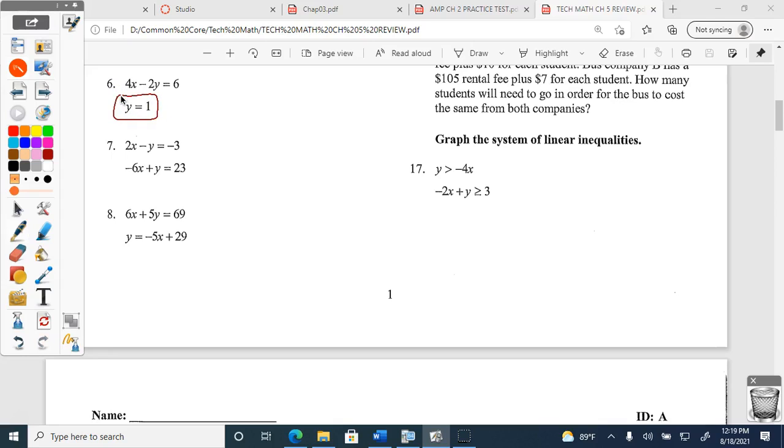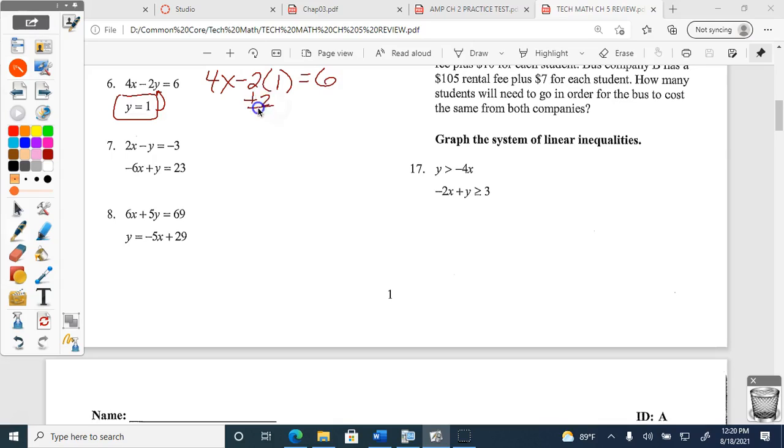So all I got to do to get x is what? Substitute it in for y. Okay, make sure you put it in for y. Don't put it in for x. So that's going to be 4x minus 2 times 1 equals 6. -2 times 1 is -2. So how would I move -2? Add 2.